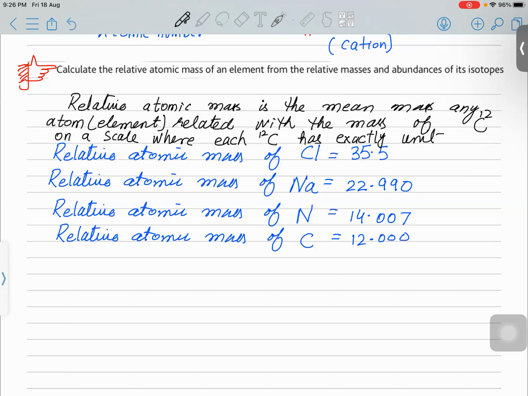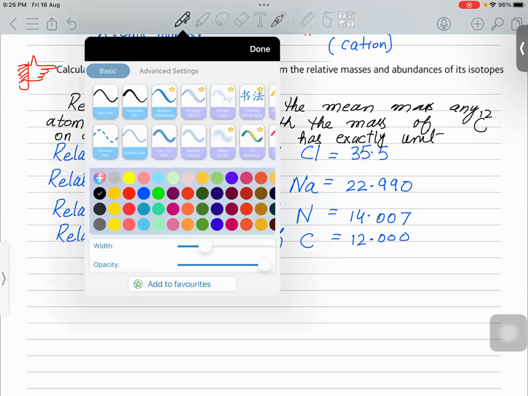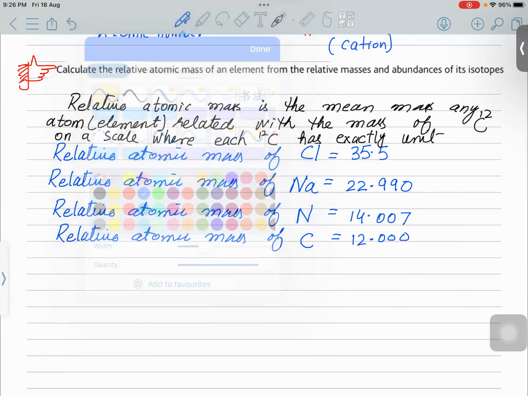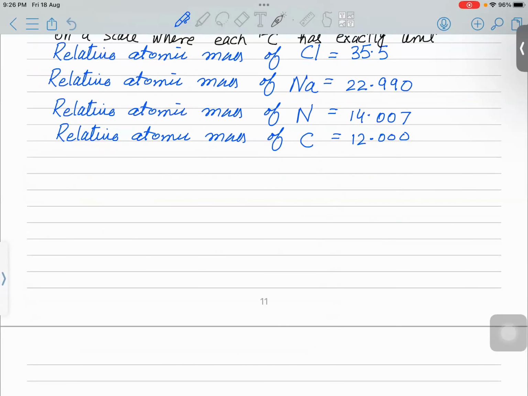No, sir, how would you compare? It means, let's suppose you have carbon, right? So let's suppose this is your carbon.